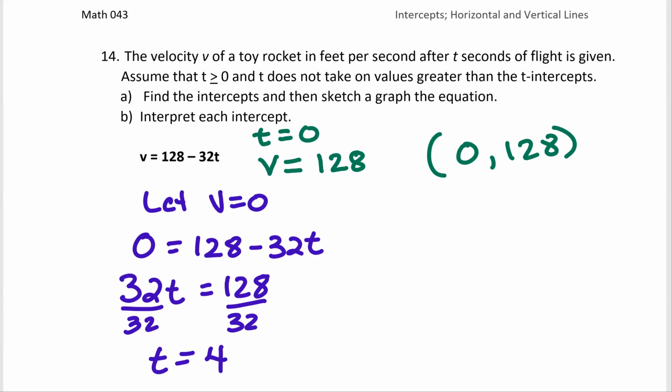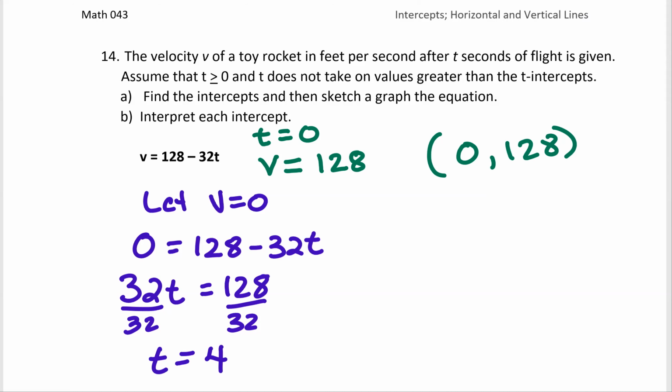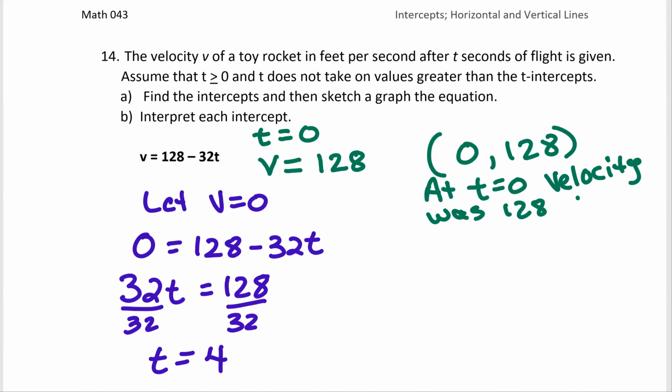So we have found the intercepts. We want to interpret what they mean. So the first intercept we found was when t is equal to 0. Well, when t is equal to 0, at time equal to 0, or when we start, the velocity was 128 feet per second.